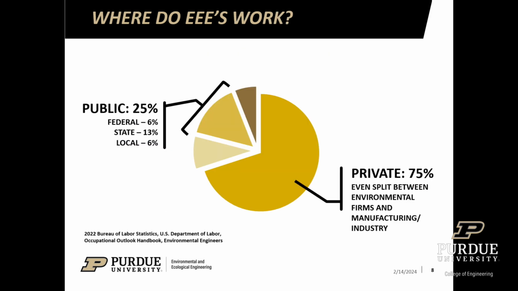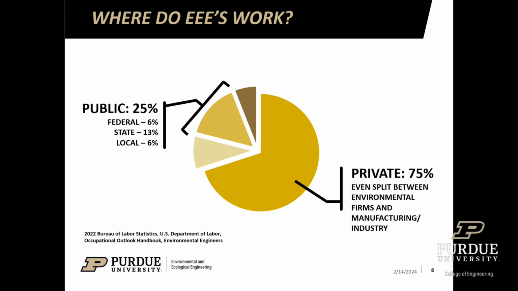This slide kind of depicts where EEEs tend to work. This is national data, so this is not just Purdue alumni and where they're working, but within the US where environmental engineers tend to work. I want to point out, I had the misnomer as I came into the EEE program that primarily environmental engineers worked in the public sector.